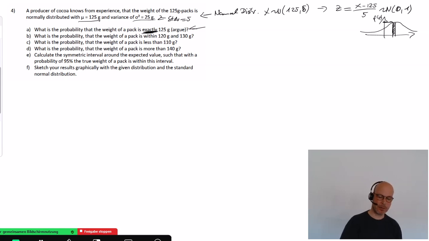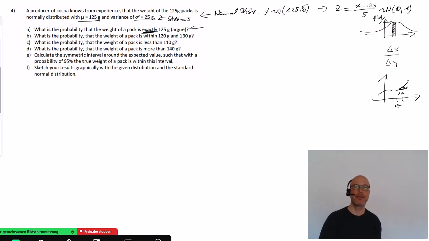Think also of a derivative where you said the derivative is the limit of these triangles, and then we shrink this capital delta x, the length of the interval, to 0.